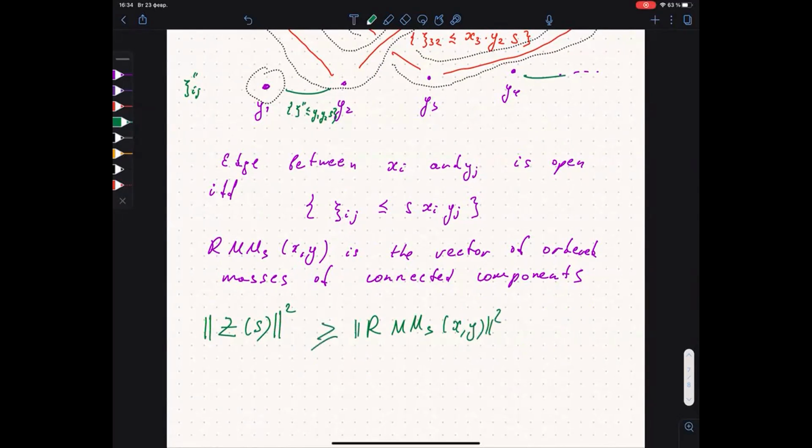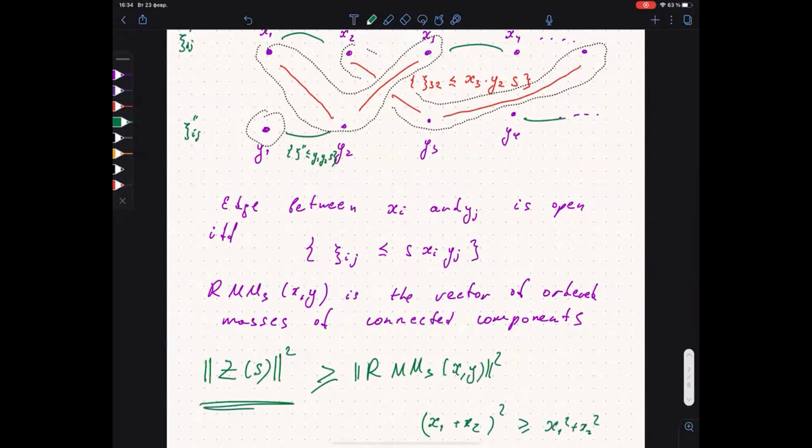It follows from the fact that (x1 plus x2) squared is always larger than or equal to x1 squared plus x2 squared. Therefore, if you can say something about the finiteness of the norm of the vector z, then you also know that the norm of that vector is finite.